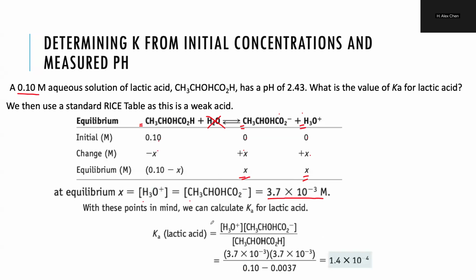Now I can use my Ka formula. I have the two products, and in the reactant I have 0.1 minus 3.7 times 10 to the negative third power. By putting all those into a calculator, you can find the Ka of this weak acid.